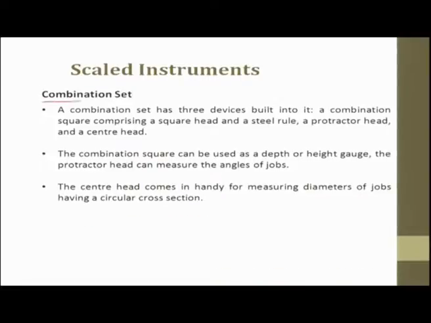Next one is an interesting thing, which is a combined set. A combined set has 3 devices built into it. Till now what we saw was only a single instrument, a V block, a flat plate, a depth gauge, maybe a vernier, a screw gauge.